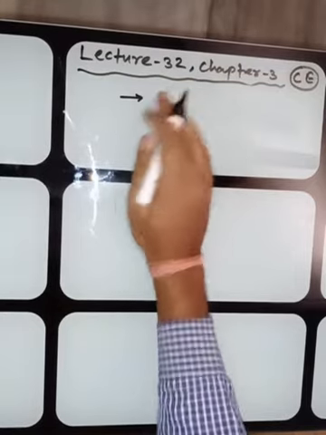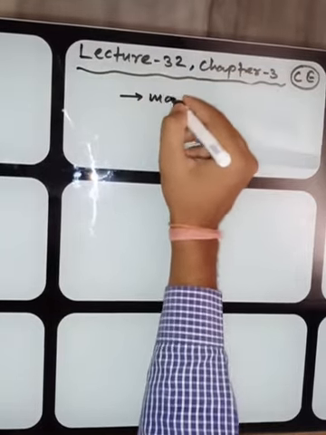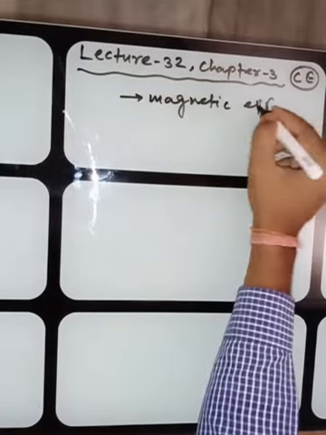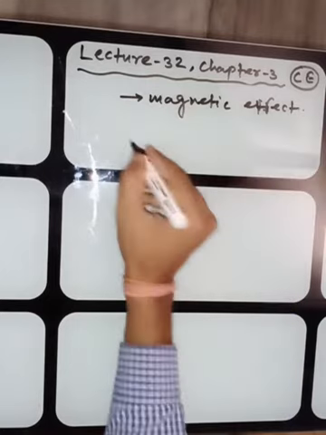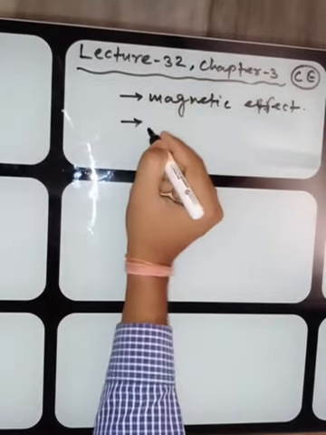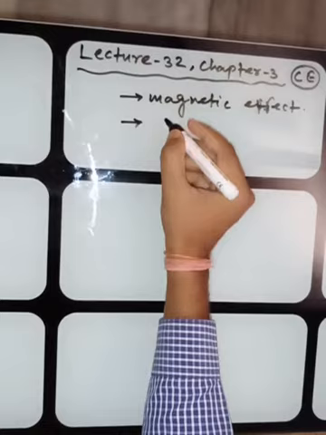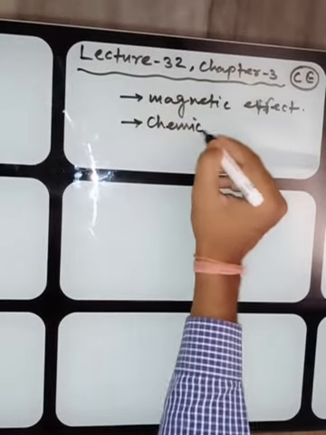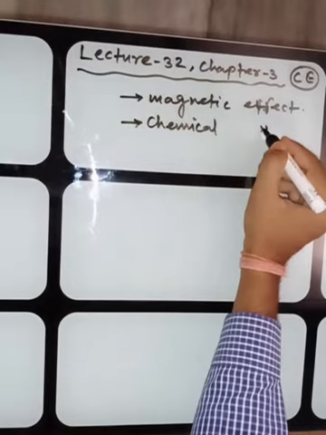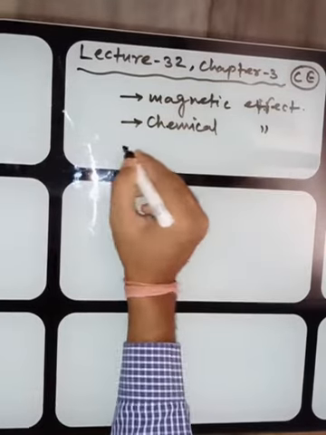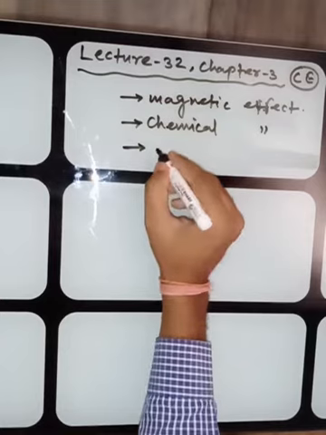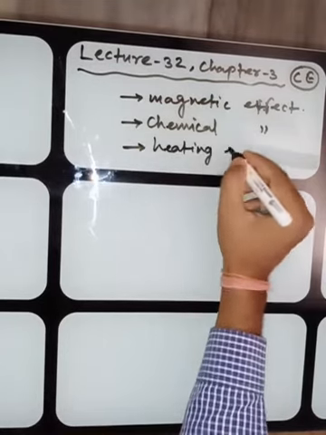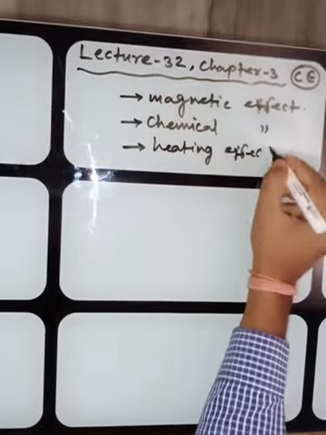It is measured by magnetic effect, which we have to study. The second one, which is very important, is the chemical effect. And the third one is the heating effect. This measures the electric current, the heating effect, my dear students.